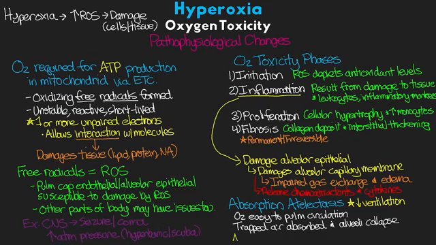This is important to know, as even pre-oxygenating patients for something like anesthesia or intubation can lead to this atelectasis as well. So our two big things that we're worried about here are this atelectasis, and the big and primary thing, reactive oxygen species and ultimately the damage to the lungs.